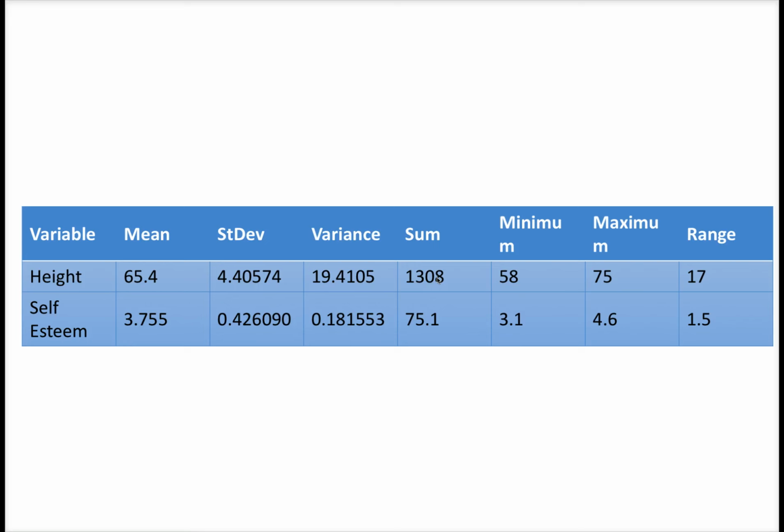We have the sum, the total of the 20 people, for height and for self-esteem. Then we have minimum values, the lowest height value, and a range of 17. For the self-esteem scores, we also have a range of 1.5, from 3.1, the lowest, to 4.6.